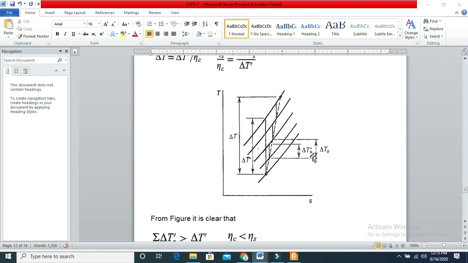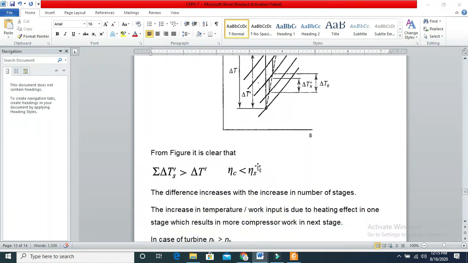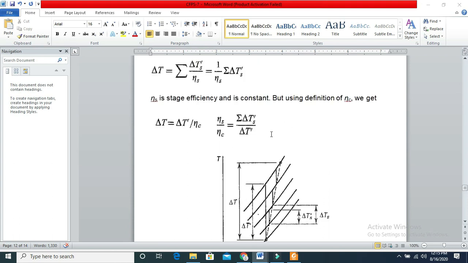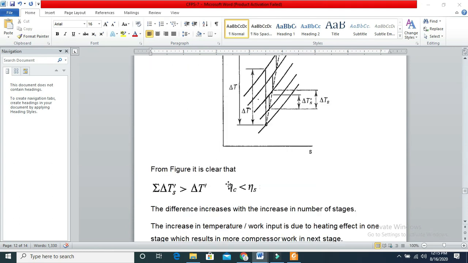So delta Ts dash for a stage is not simply delta T dash for a stage on this line. Due to this reason, the stage efficiency of a compressor has a greater value when compared to the overall efficiency of the compressor.